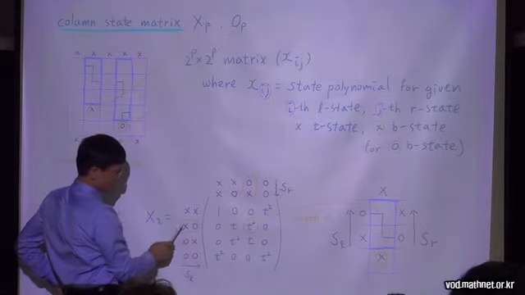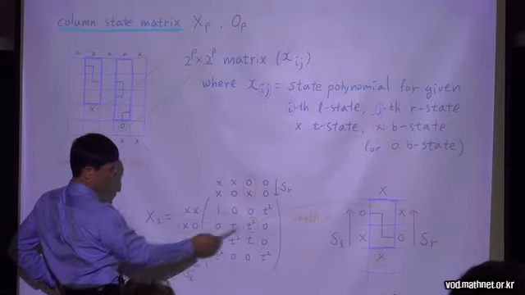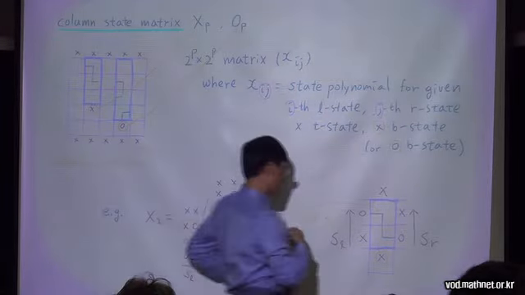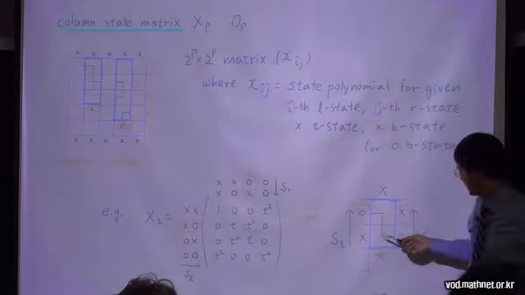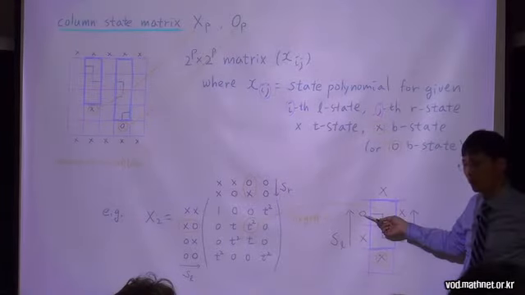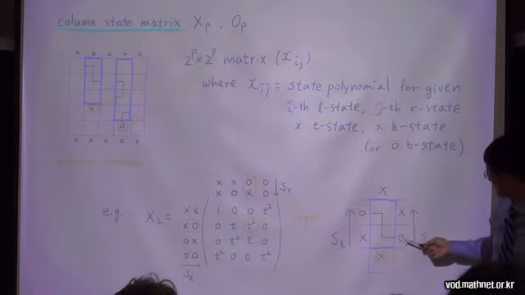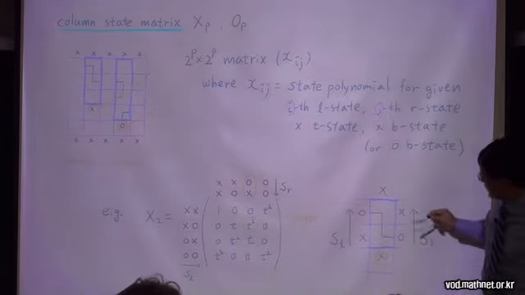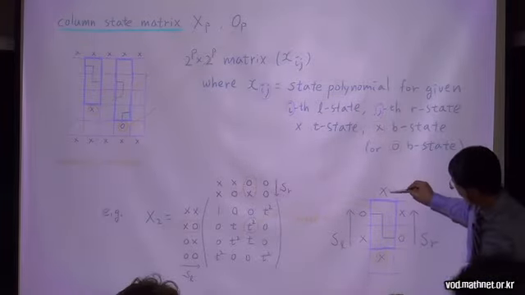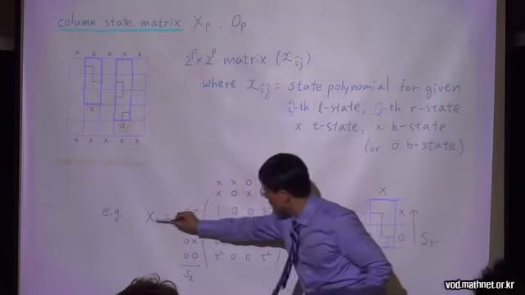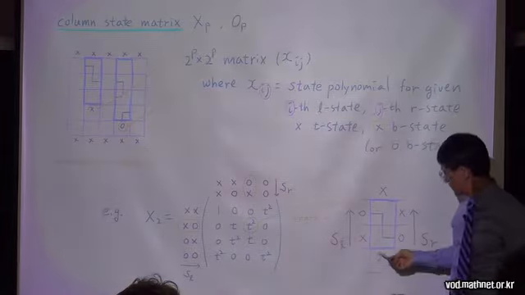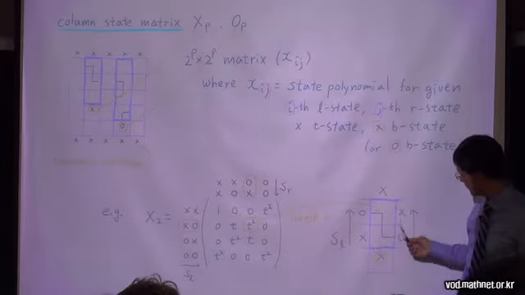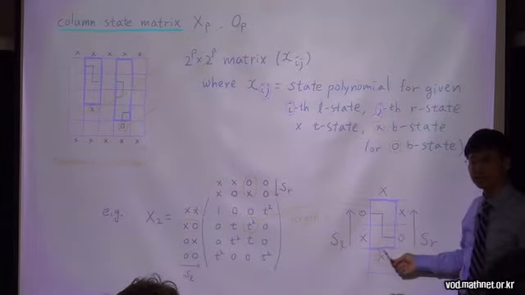That means the left state is XO and the right state is OX. So we start at the bottom. The top state must be X, and we want to find X2, which means the bottom state must be X, the left state is XO, and the right state is OX. Then there's only one choice.